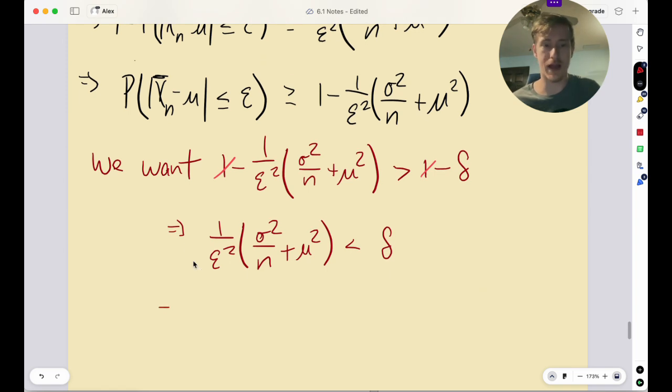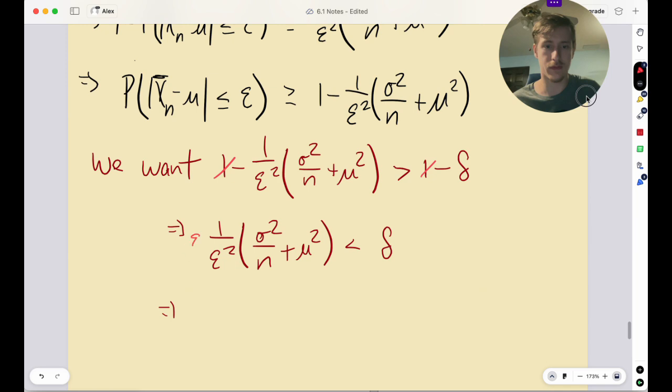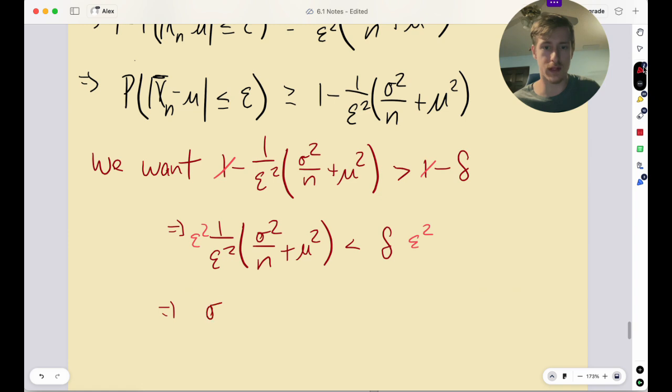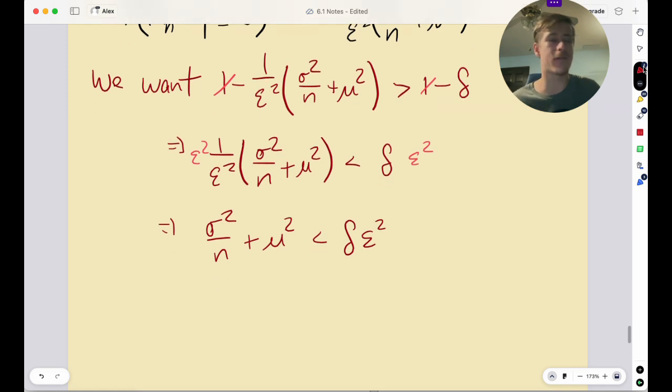Well, let's multiply by epsilon squared. Okay, so then we get sigma squared over n plus mu squared is less than delta epsilon squared. And then I can subtract mu squared and then solve for n.